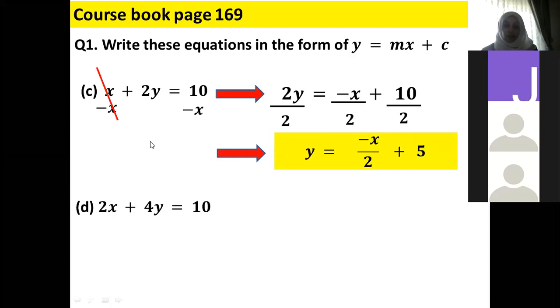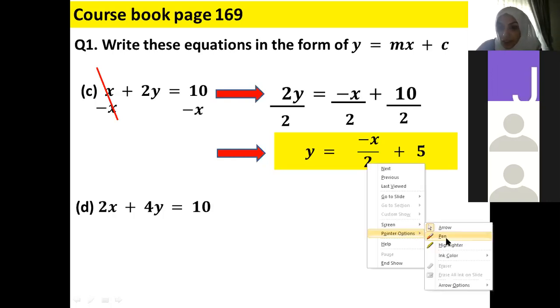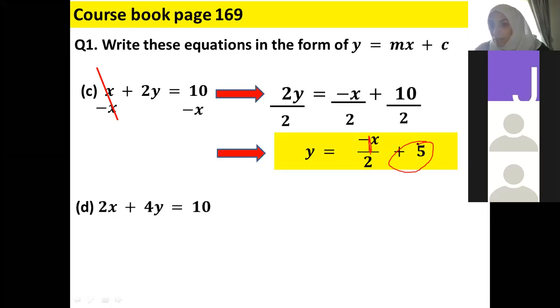It means the number that is beside the x. Negative x means negative 1. We agreed there is a hidden 1. Here it is negative 1 over 2, so it's negative half. The gradient is negative half. The 5 has nothing to do with the gradient, it is the y-intercept.